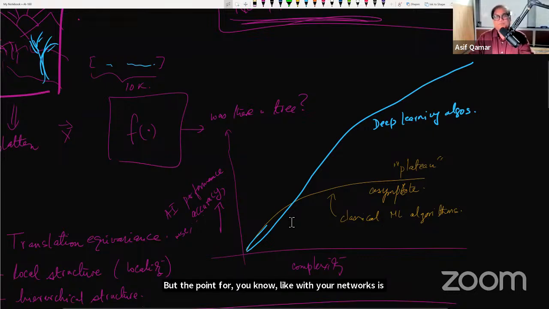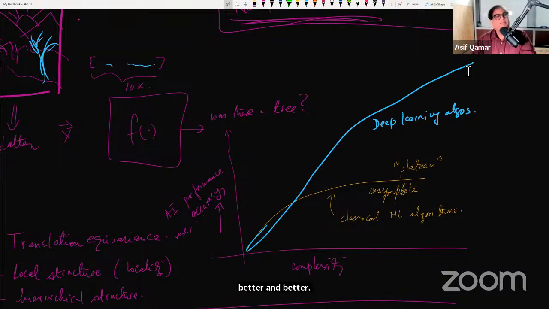Very quickly, though, you reach an inflection point at which they start beating the traditional algorithms. And then, for reasons that we don't quite understand, they keep doing better and better. The more data you throw at it, the more complex you make it, the better their performance becomes. They don't saturate. Are we together?